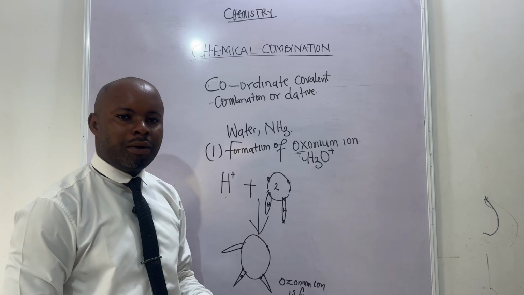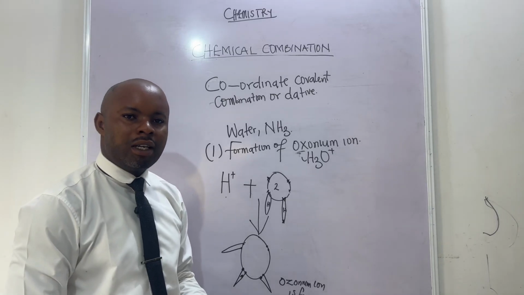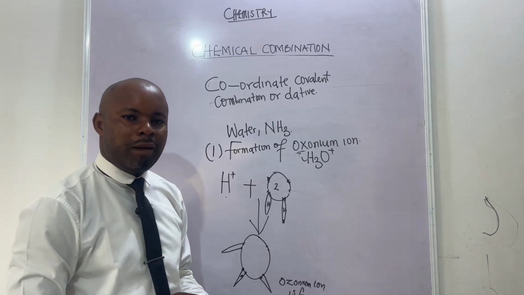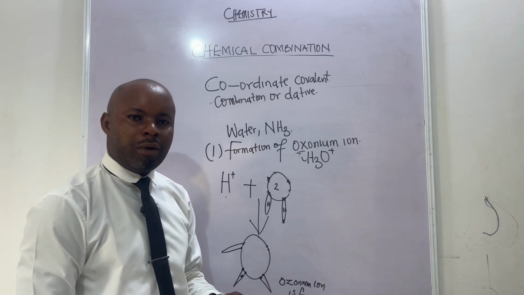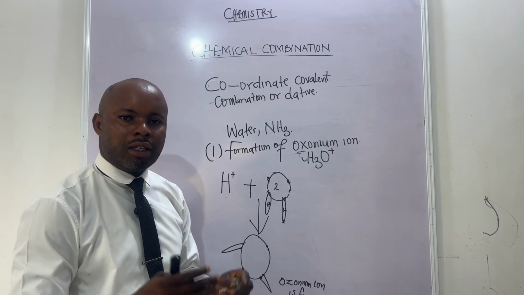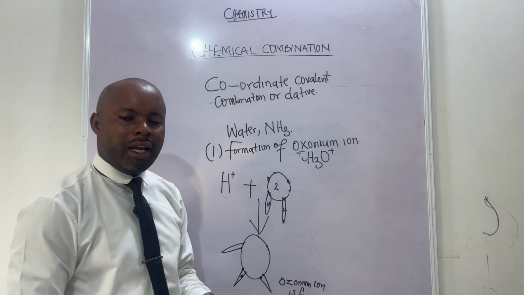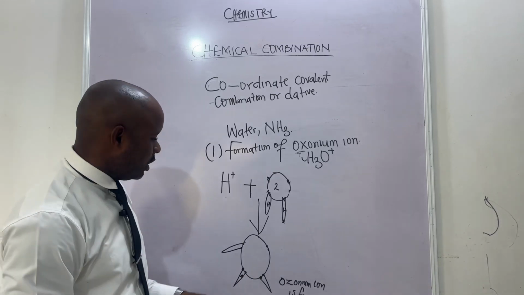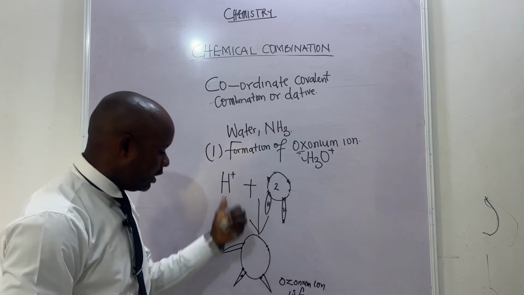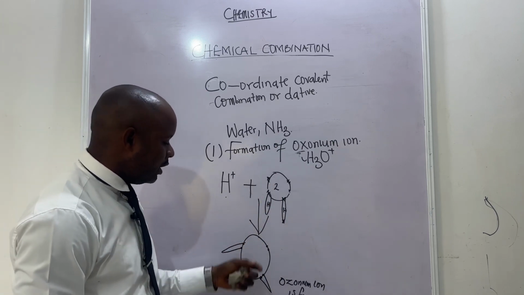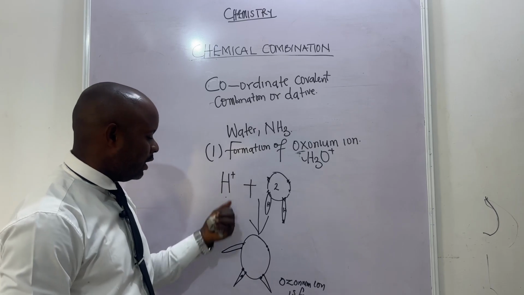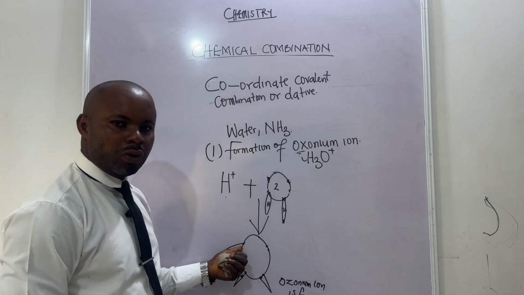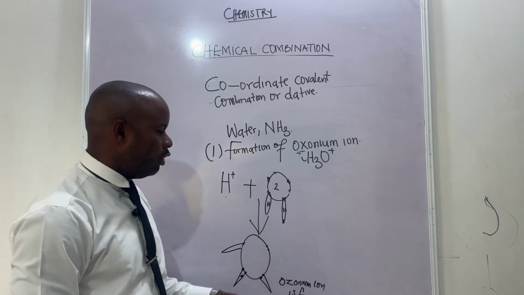A lone pair is made of electrons that do not participate in the existing bond. In this aspect, the hydronium ion is obtained when the hydrogen ion from an acid gets attached to this lone pair.